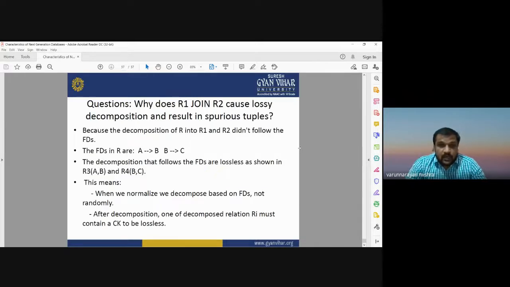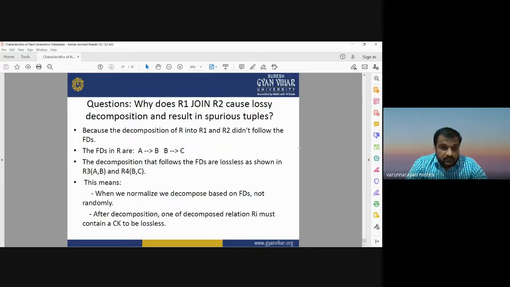So why does R1 join R2 cause a lossy decomposition and result in spurious tuples? Because the decomposition of R into R1 and R2 does not follow the functional dependencies, which in the case of relation R are A to B and B to C. So the decomposition that follows the functional dependencies is lossless, as shown in the relational tables R3 and R4.